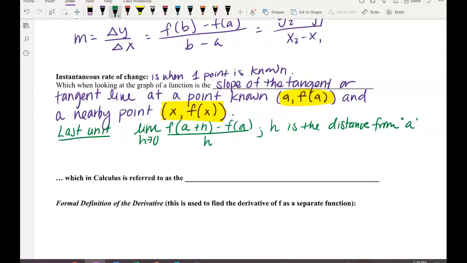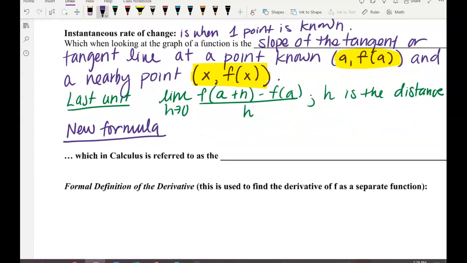Okay. Now, this unit, we are going to add a similar formula. So, new formula. We are going to use the limit as our nearby point, which is x, approaches our given point, which is a.